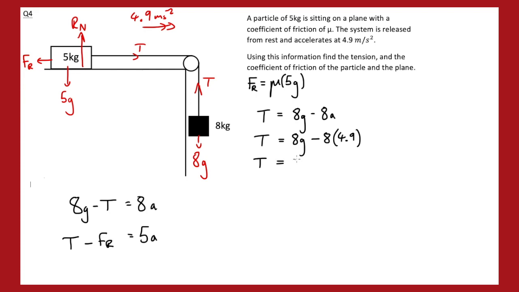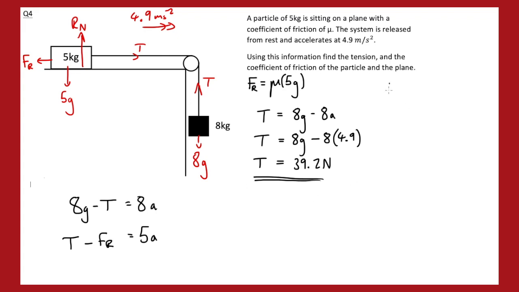We get 39.2 newtons. We can then use our second equation and rearrange it for FR.